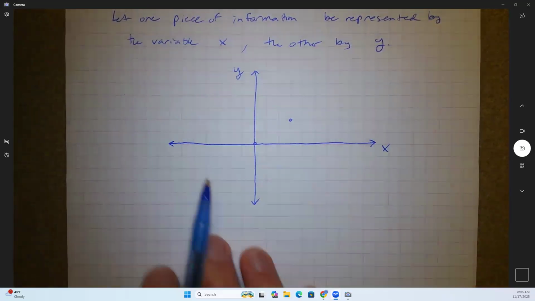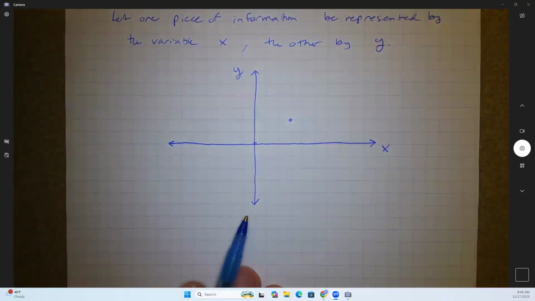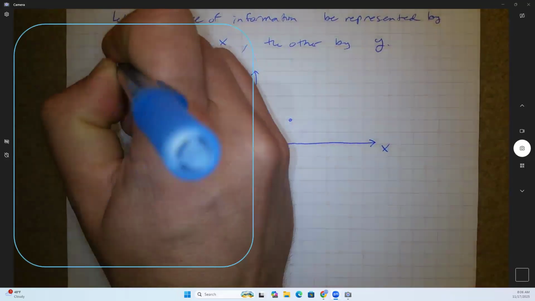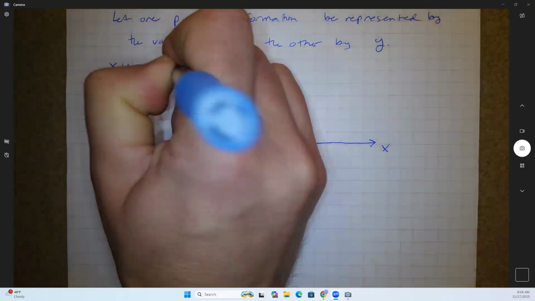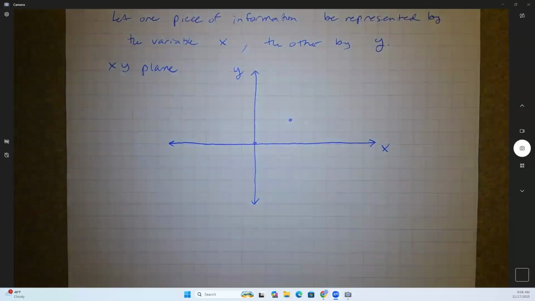Most of us have been using this type of thinking for a while, but now we're going to put it in the mathematical context. So this is called the XY plane, or the Cartesian plane, Cartesian grid, etc.